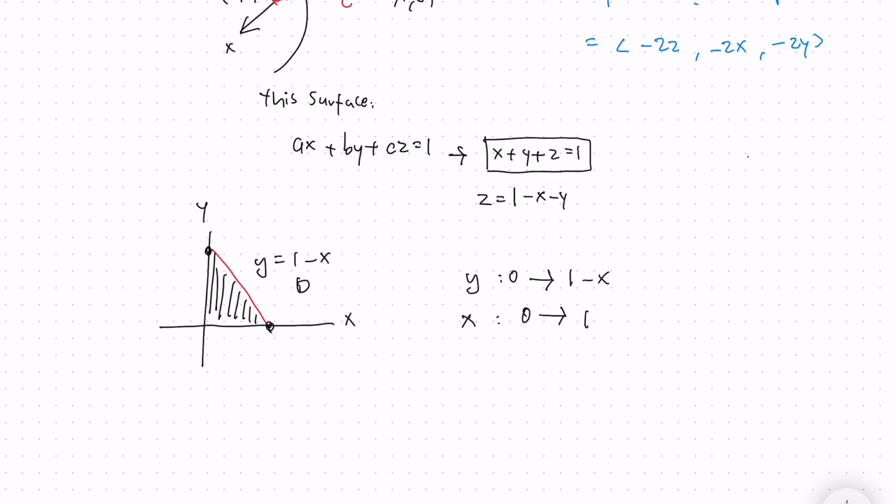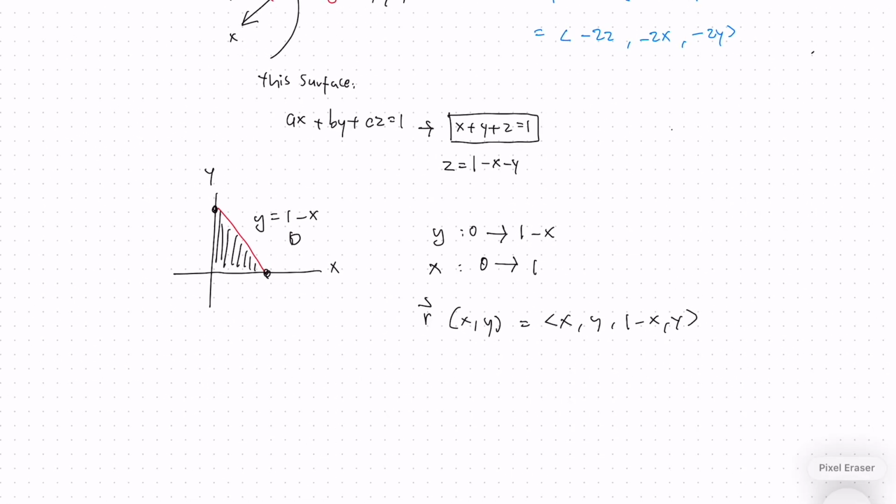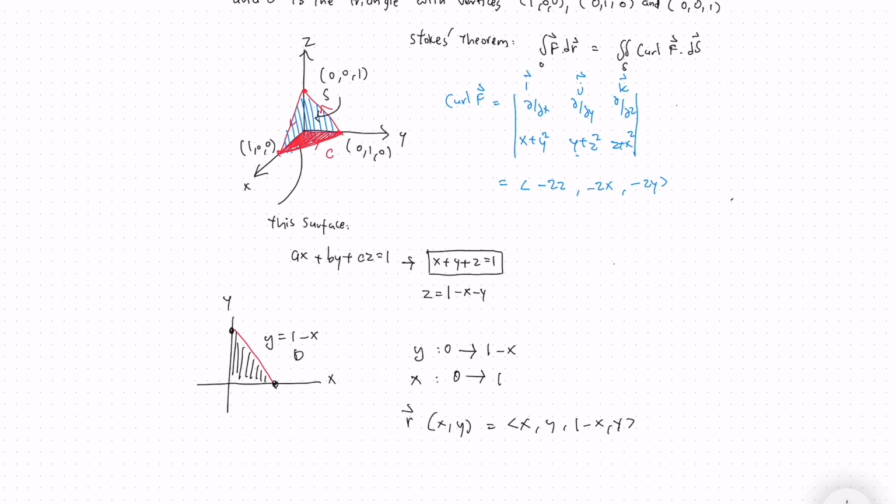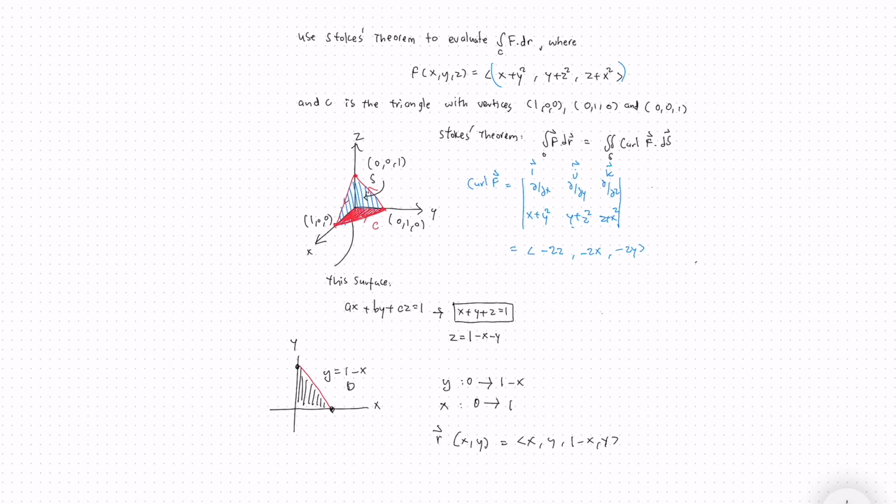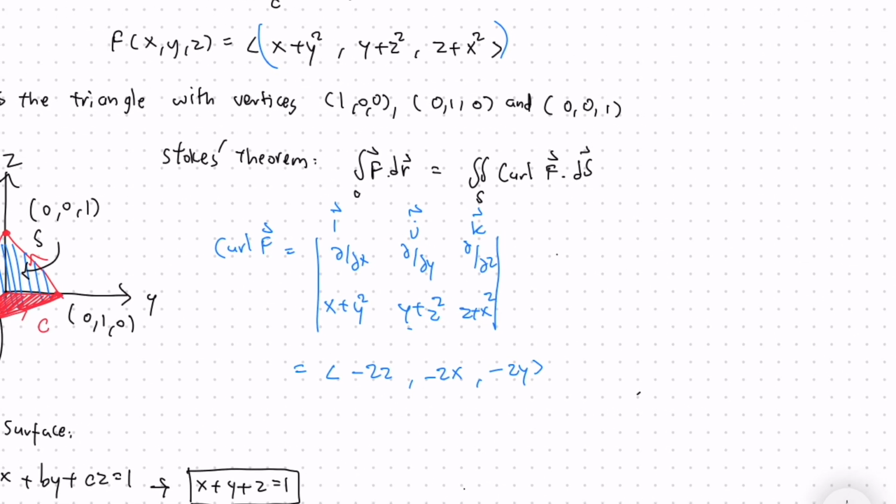At this point, our surface is parameterized on this domain by r of x, y equals the vector x, y, 1 minus x minus y. This is our parameterization function r. The reason we use this is that it's easy to get lost in what you are trying to solve.